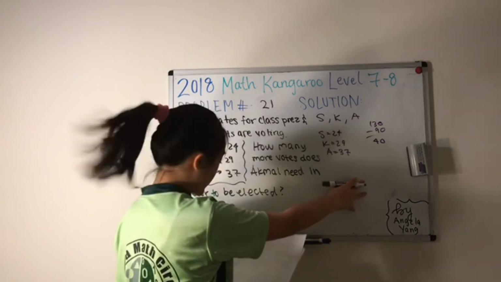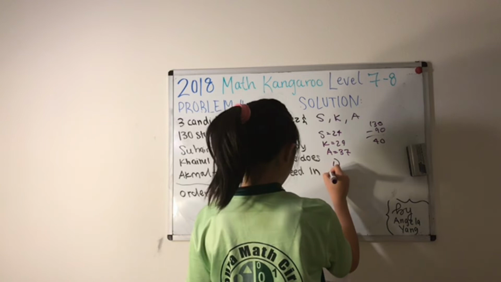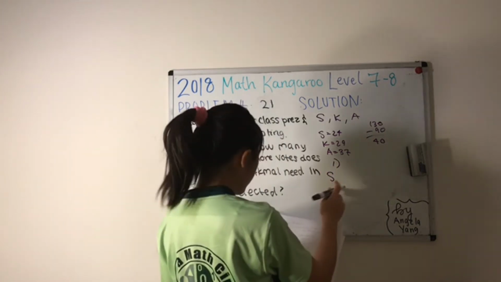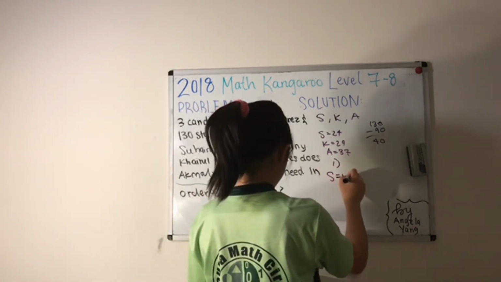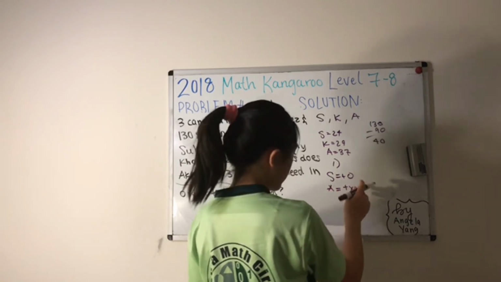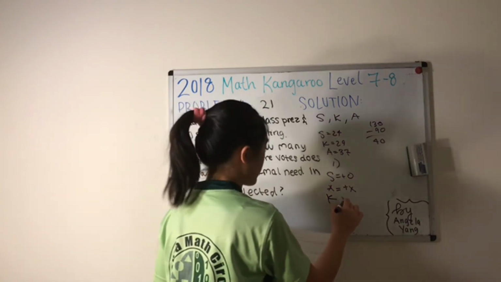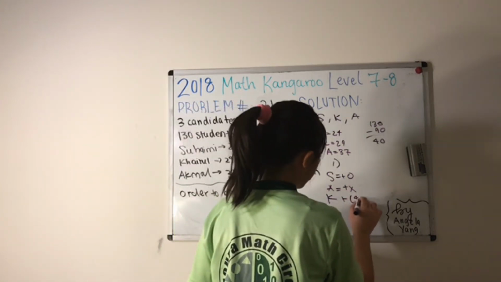So now let's create 2 scenarios. Scenario 1 is where Suhaimi gets 0 added. Akmal gets plus x, which is an unknown amount. And then Kangaroo gets plus 40 minus x.